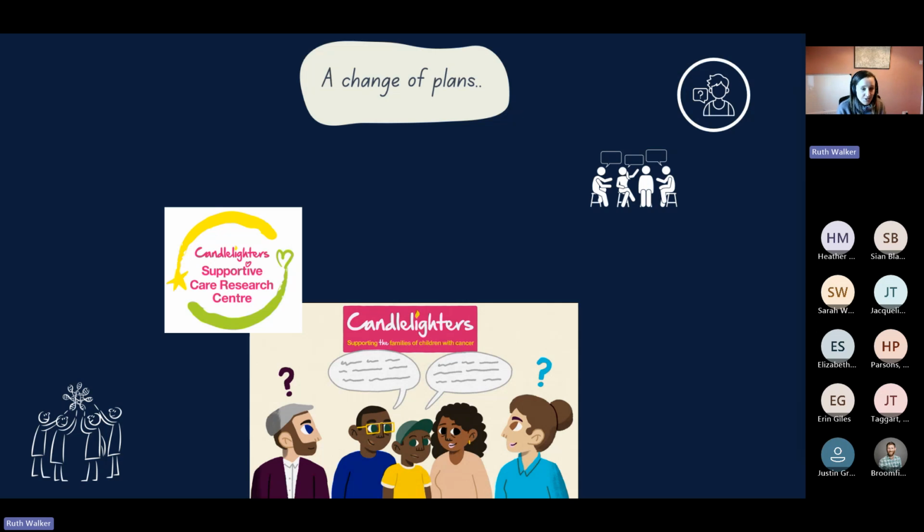So this is what we did moving forward, and it worked really well. As part of this group, children of all ages and their families are invited to quarterly meetings at the Candlelighters building in Leeds. There are a number of advantages to holding it here, because the building itself is a familiar space to people.